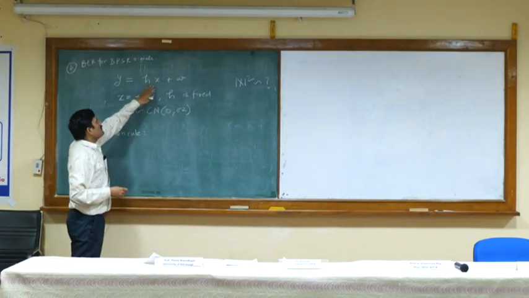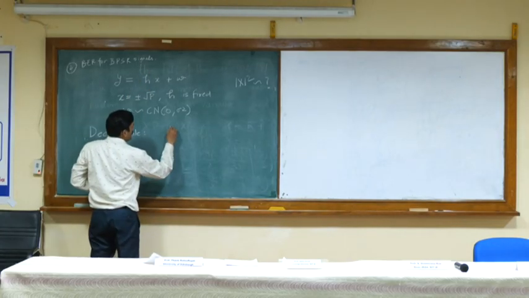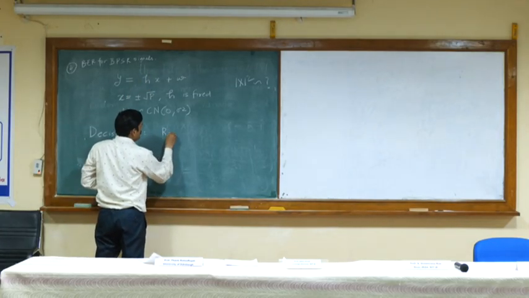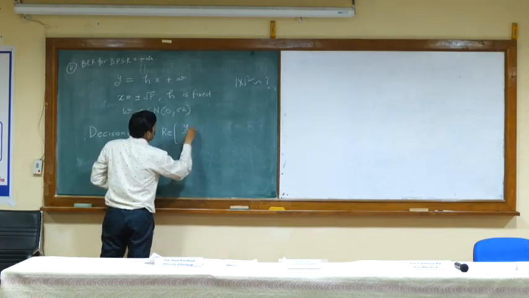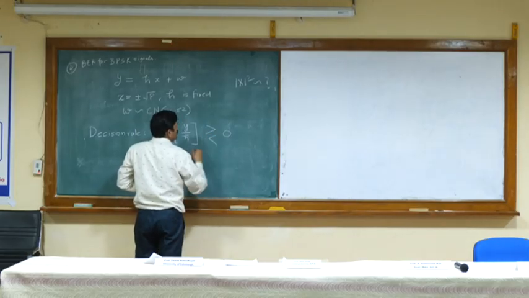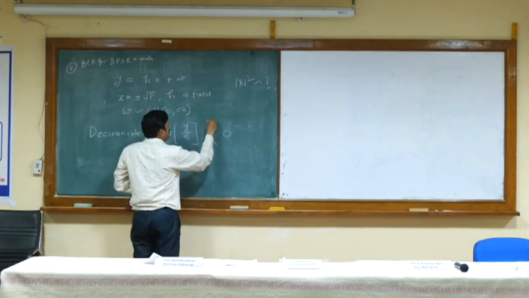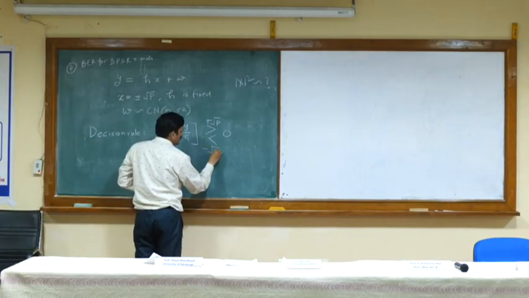So it means we have to first exclude h, okay. So by intuition we can write real part of y divided by h greater than or less than 0. So if it is greater than, then we will decide plus square root of p, and if it is less than, I will decide minus square root of p.